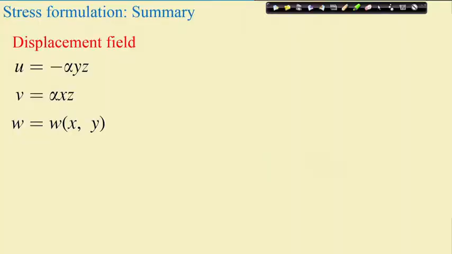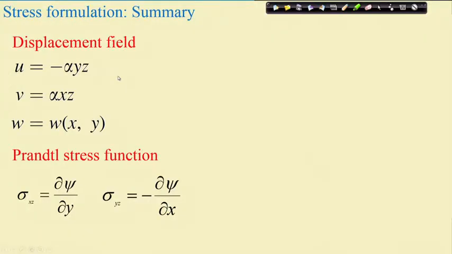This gives you that rotation is a linear function of z, and from that rotation, when you get the displacements in the different directions, we get u and v as this. Another assumption is that the out of plane deformation is only a function of x and y, not a function of z. So this is the displacement field that we started with.